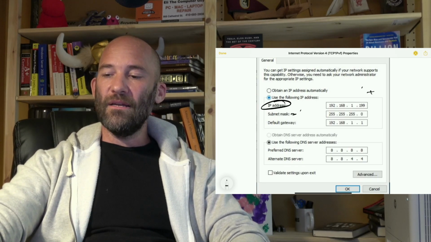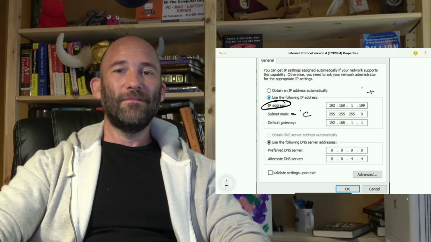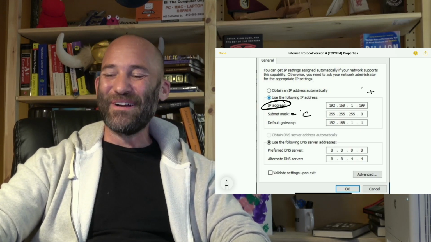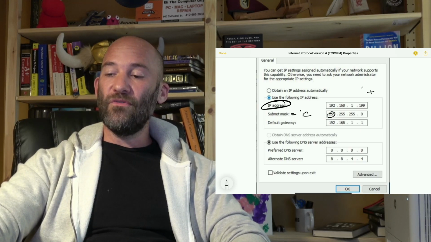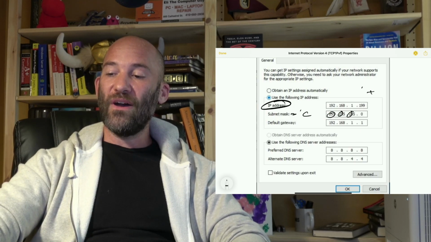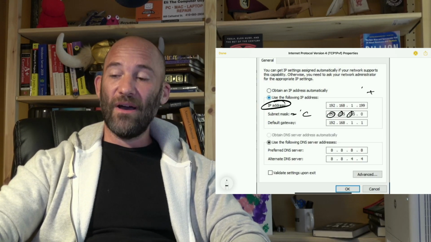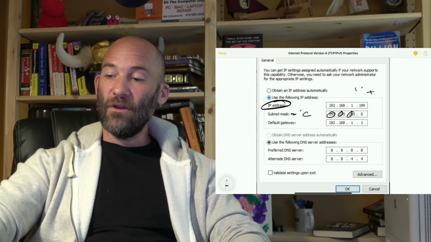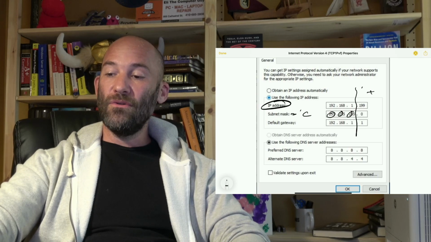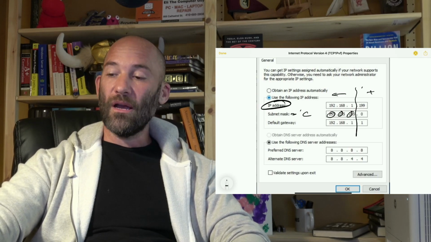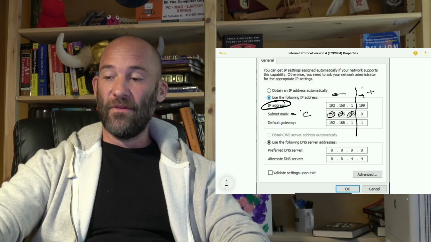What we have here is something called a Class C subnet mask, which we'll get into later when I've had more coffee. But basically, this is a very standard subnet mask. You see 255.255.255.0. What this means is that where the 255s end shows you what is the network identifier and what part of the IP address is the computer identifier.